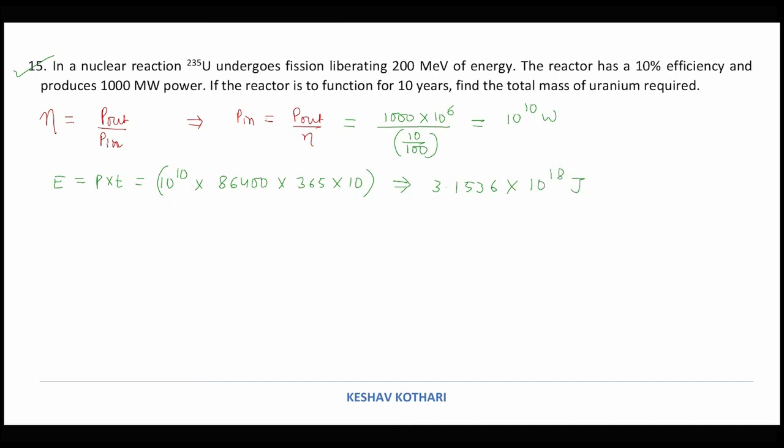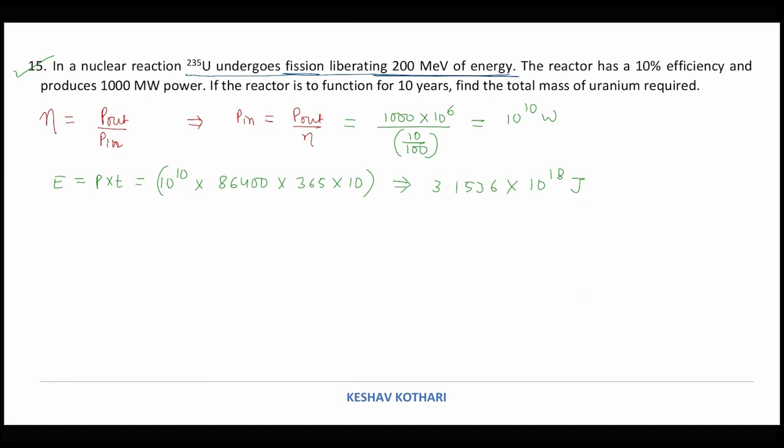Now if we come to the next part, we are saying that when a nuclear reaction of U-235 undergoes fission, it liberates 200 megawatt of energy. So over here I can say that one fission reaction is releasing 200 megawatt of energy.